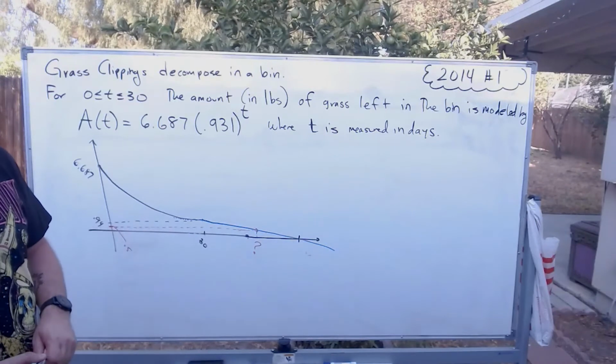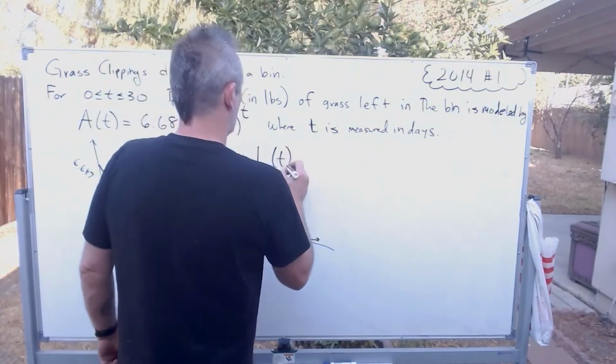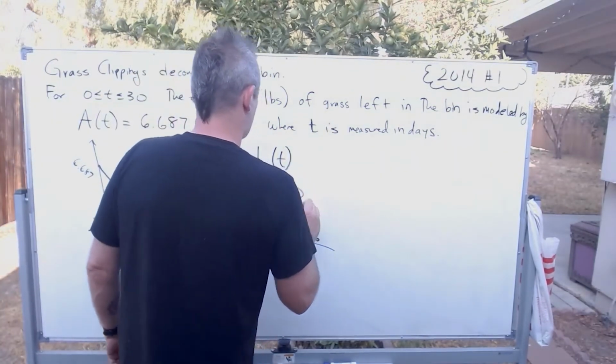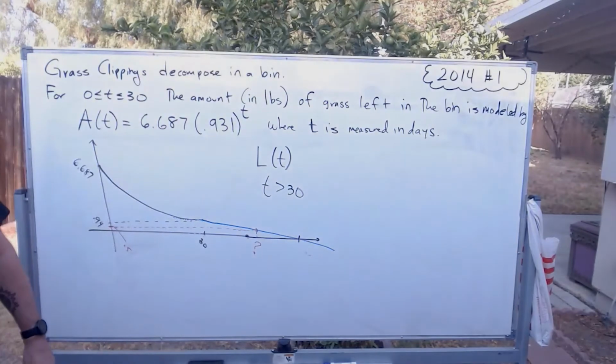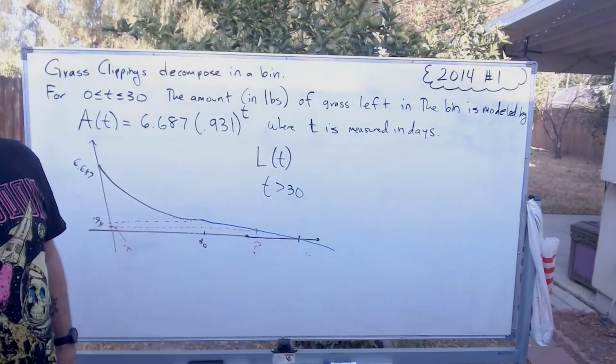So what do we need to compute this linear function? They call it L of t, by the way. We're only looking at L of t when t is greater than 30. But what does the local linear approximation equal? It's a line, so this is the y value of your line.